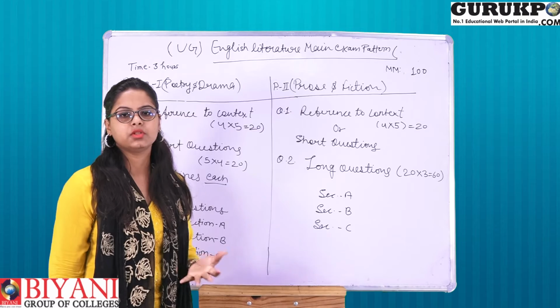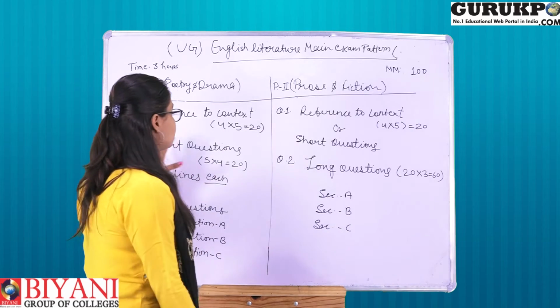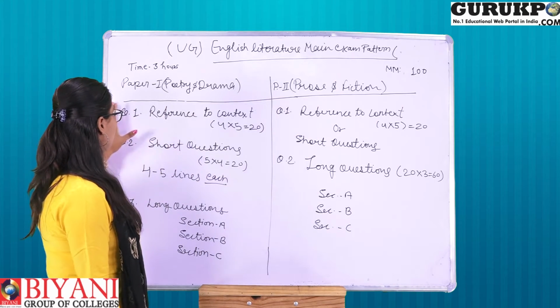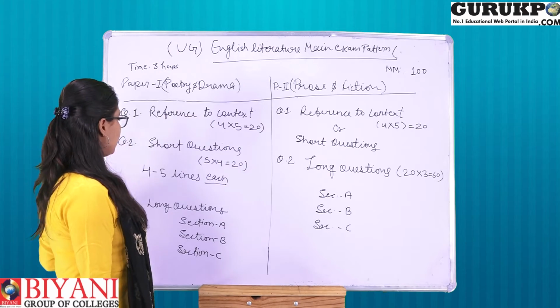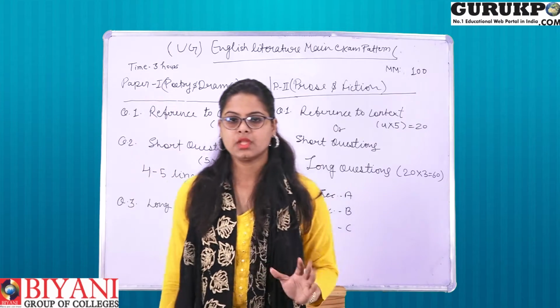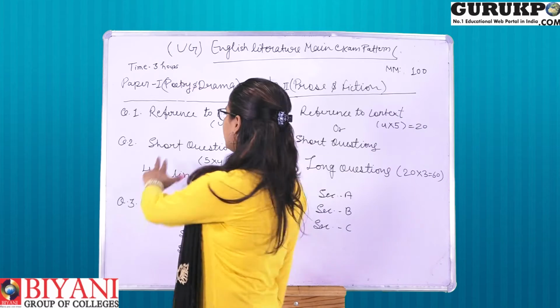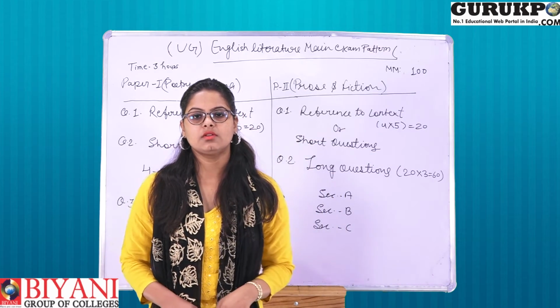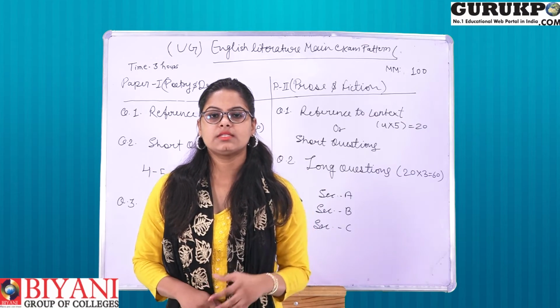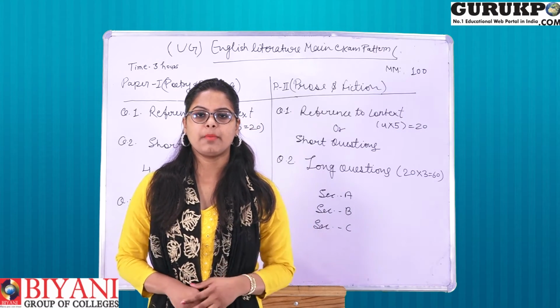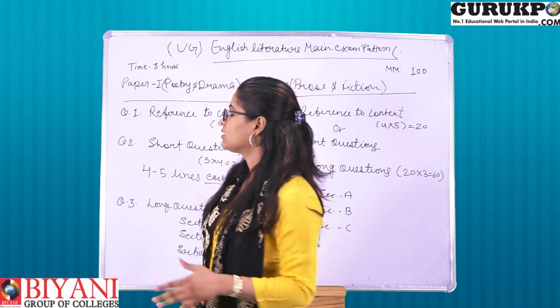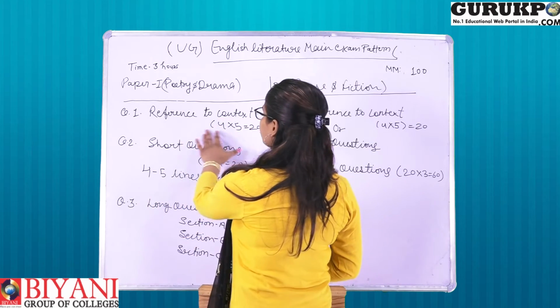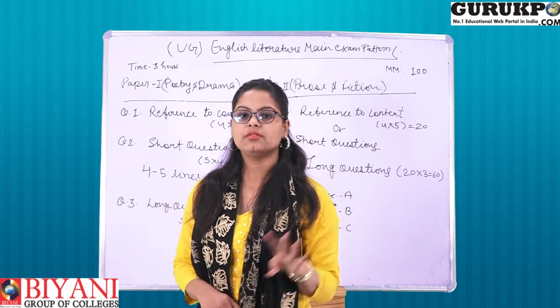If we talk about BA first year, you will have 3 kinds of questions in your exam. The first question will be based on reference to the context. You all know about explanation: we are given the stanzas and the drama part, and we have to explain them.